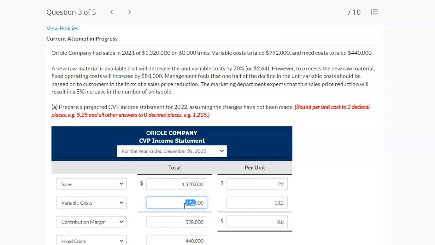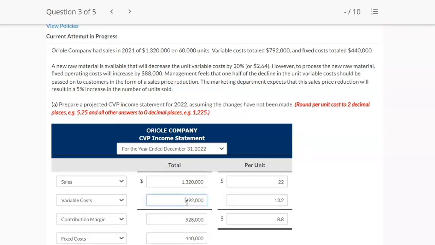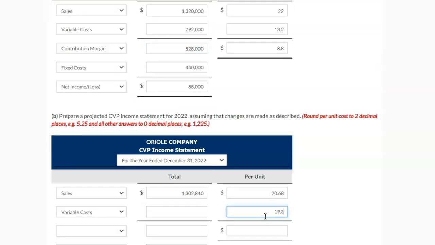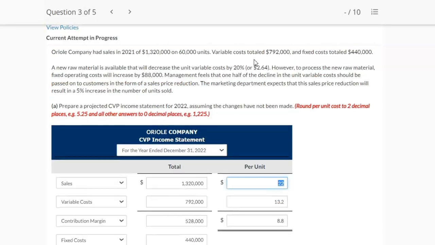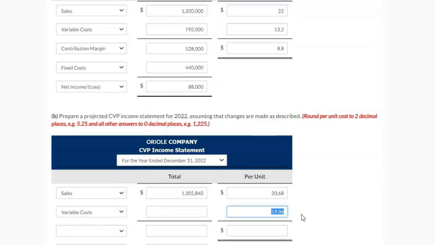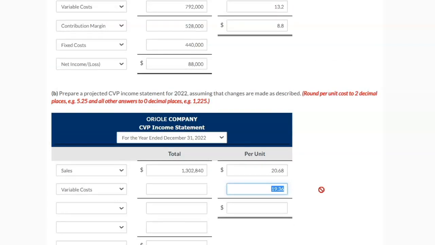So you take 13.2, the variable cost per unit, and subtract 2.64, which is 10.56. Multiply that by 63,000 units.